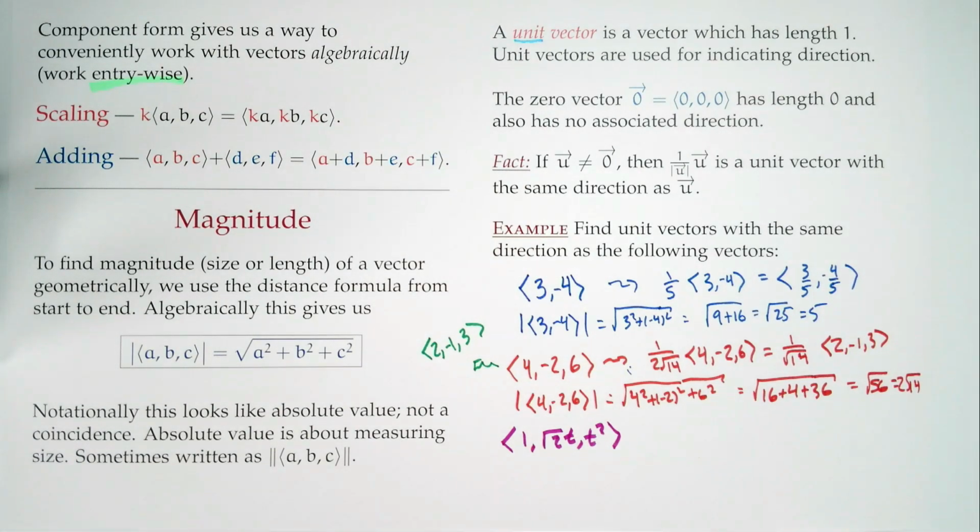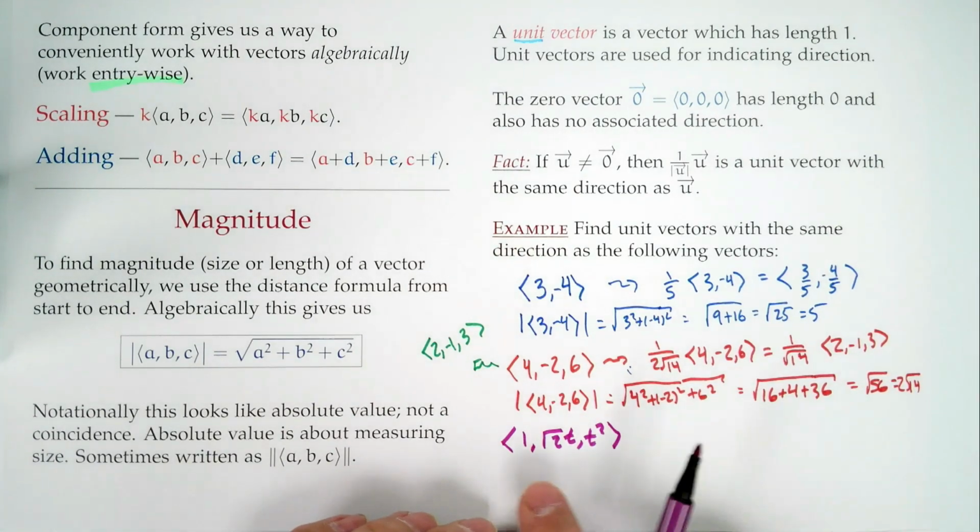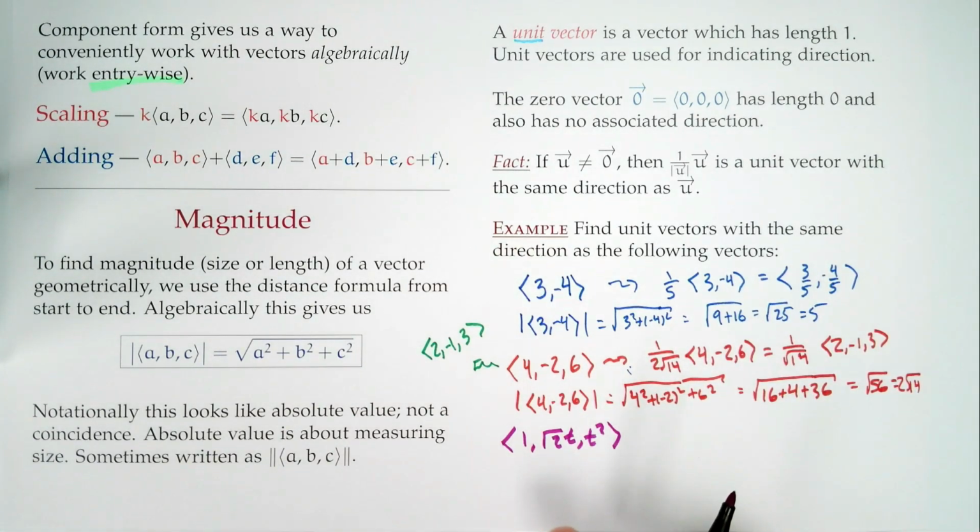Now you're probably thinking, wait a second, those aren't numbers, those are symbols. There's t's involved. Is that really a vector? Sure, why not? I mean, a vector is really just a collection of changes, and later on we're going to get into this idea of saying, oh, we could actually have extra things floating around. Like we could have a vector which depends on, say, time. So this is perfectly fine.